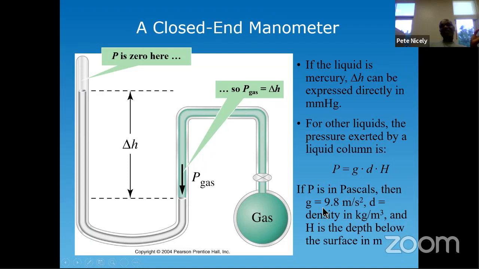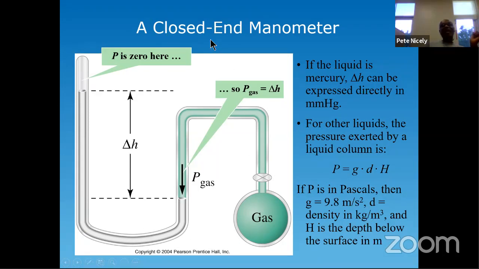If you express g in meters per second squared, the density in kilograms per meter cubed, and h in meters, then the pressure would be expressed in pascals. So that's how you can calculate the pressure in pascals if you want to. But usually the pressure is expressed in millimeters mercury, so we use a ruler to measure the height difference between the mercury levels on either side of the U-shaped tube.